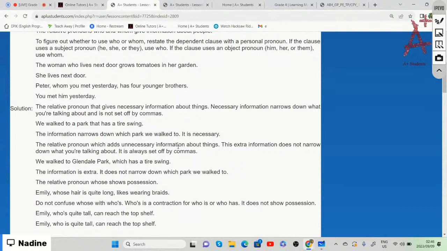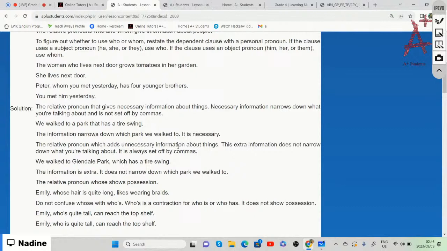So, comma, which. This information is extra and does not narrow down which park we walked to.